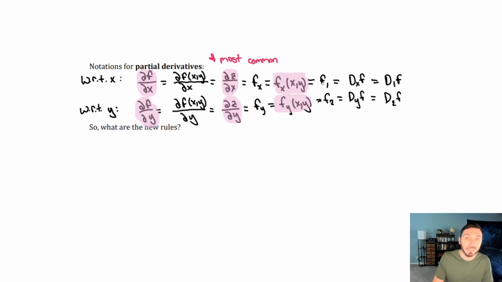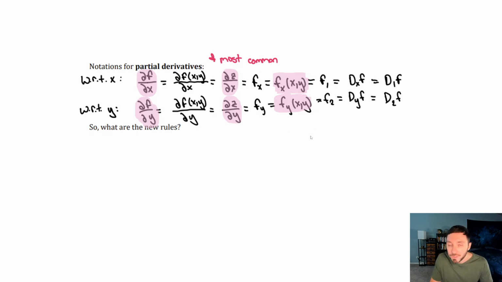That is an acceptable notation. You can also use a capital D and then a subscript of an x to say you're taking the derivative with respect to x, or because we're fine with that interchangeability with this x being the first variable and y being the second variable, you can use D sub 1 for f. I very rarely use these. I very rarely use all these right here. I stick to the most common ones for the most part in my class.